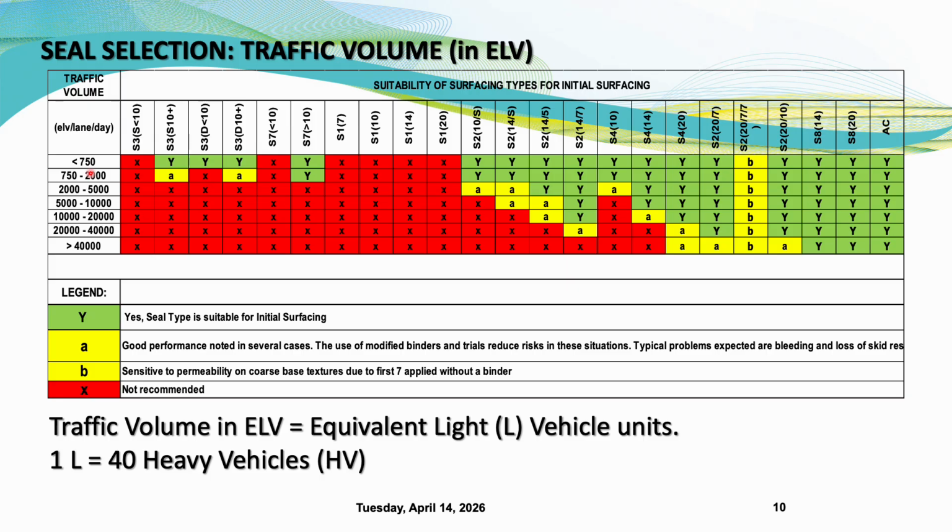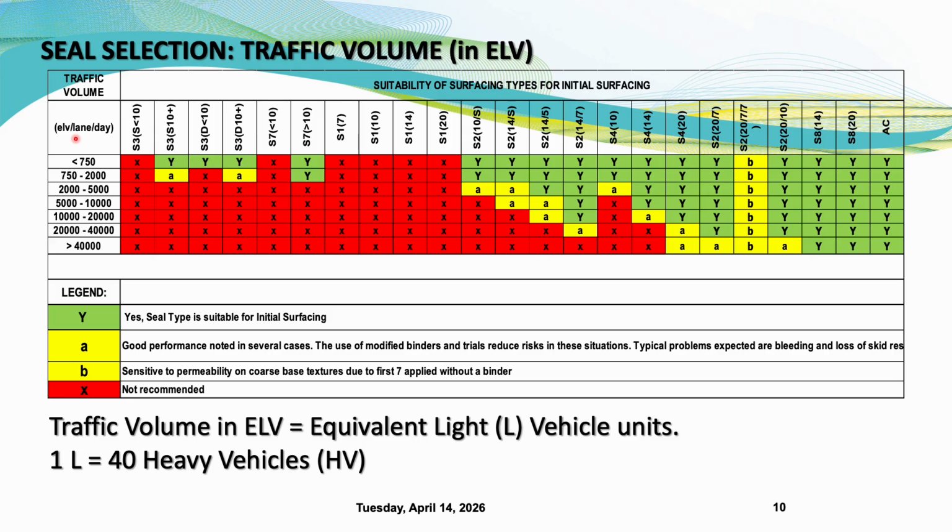So to make a seal selection based on traffic volume, first you have to count the traffic, and we addressed it before. You get the traffic volume and you express the number of vehicles as 1 light vehicle equals 40 heavy vehicles, or 40 heavy vehicles equals 1 light vehicle, in order to get to that number over there, the equivalent light vehicle volume per lane per day.